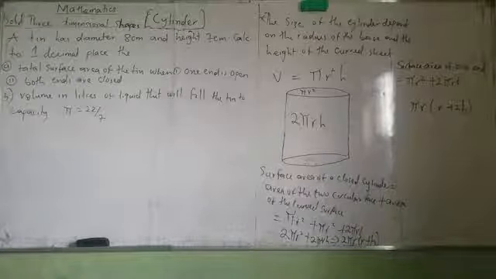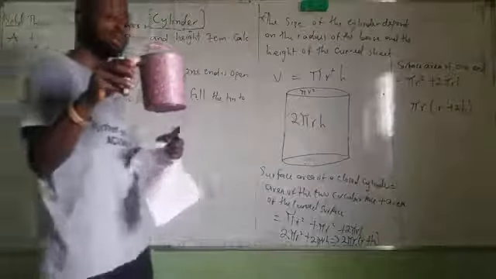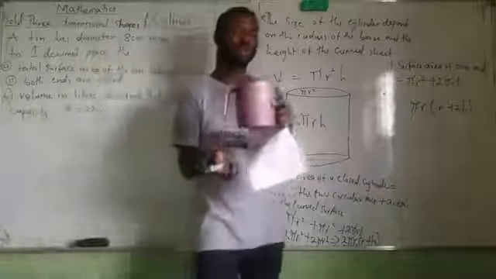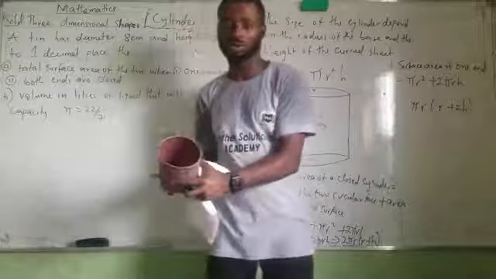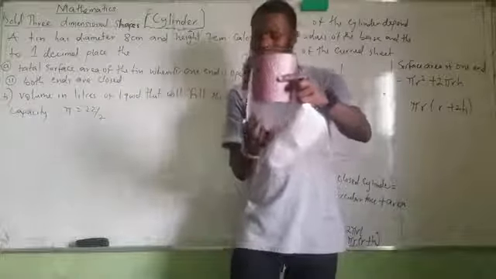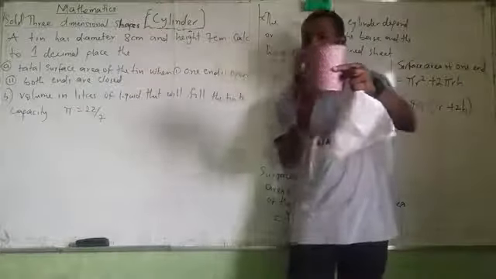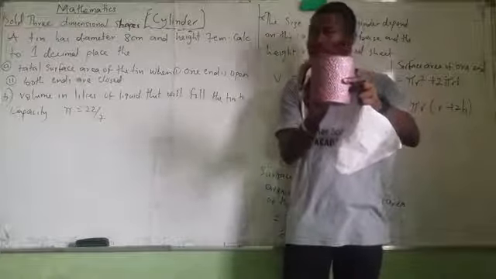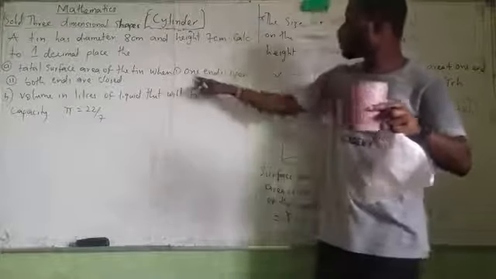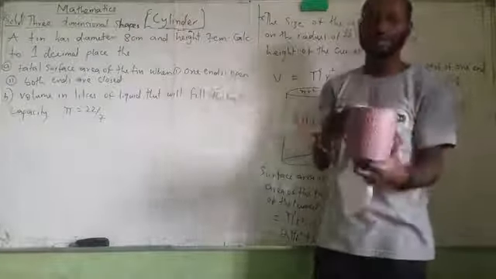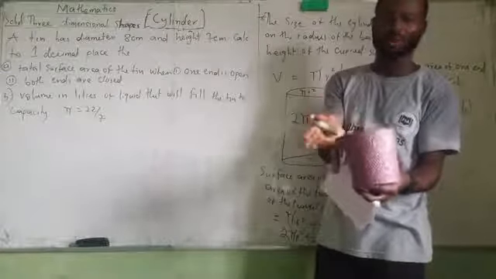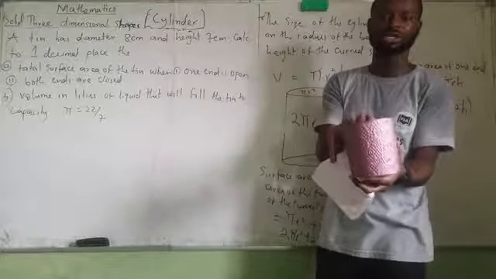Now, look at this. At this point, this is what? One end open, but closed. Now, I can only find the area of this plus this. That is the first question. One end is open. If I put something here, I will keep adding because there's nothing to stop it here.